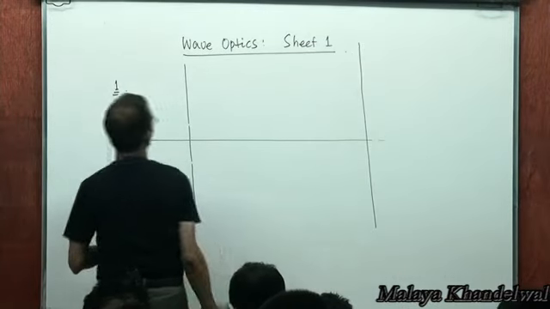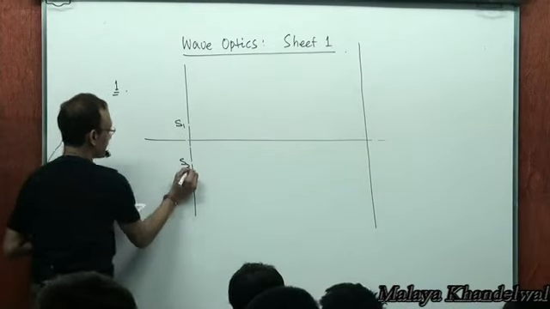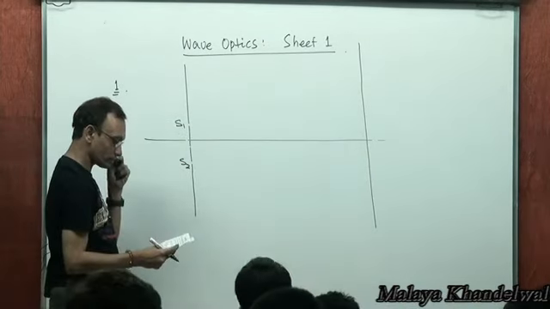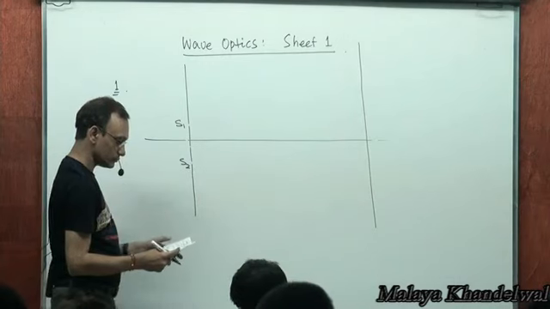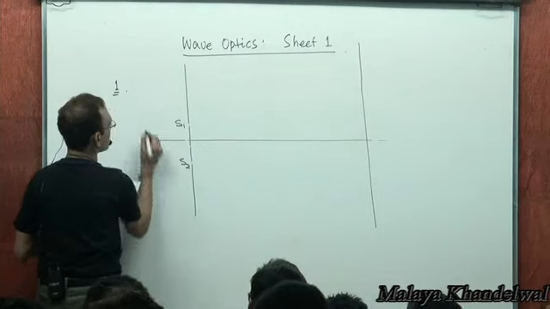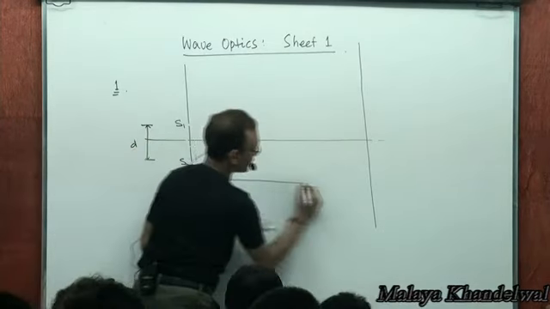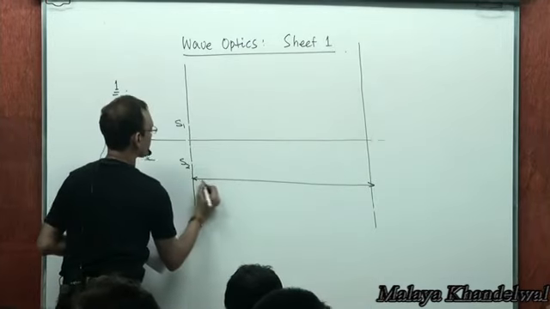This is the screen on which the interference is observed. This is slit S1, this is slit S2. And say they are separated by a distance small d. And let's say this is capital D.